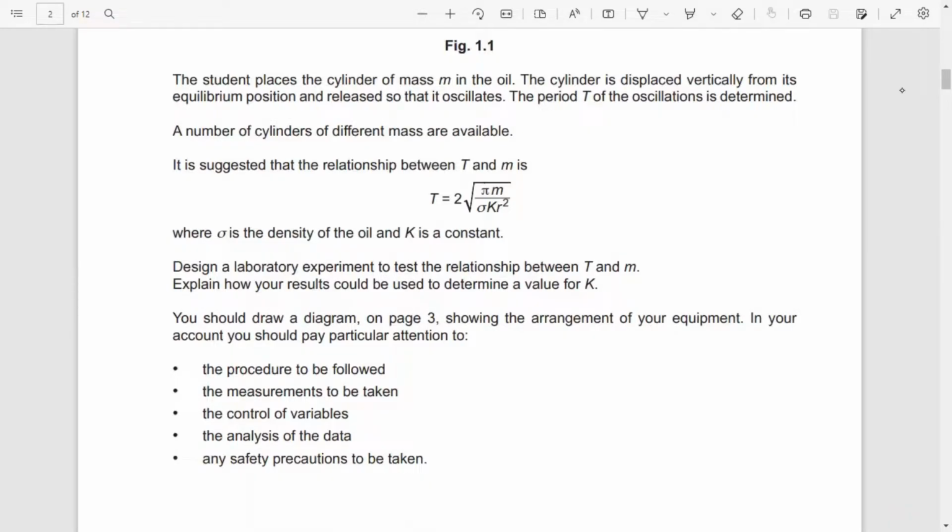And in your account, you should pay particular attention to the procedure to be followed, number 1. Number 2, the measurements to be taken. Number 3, the control of variables, the analysis of the data, and any safety precautions that need to be taken, right?